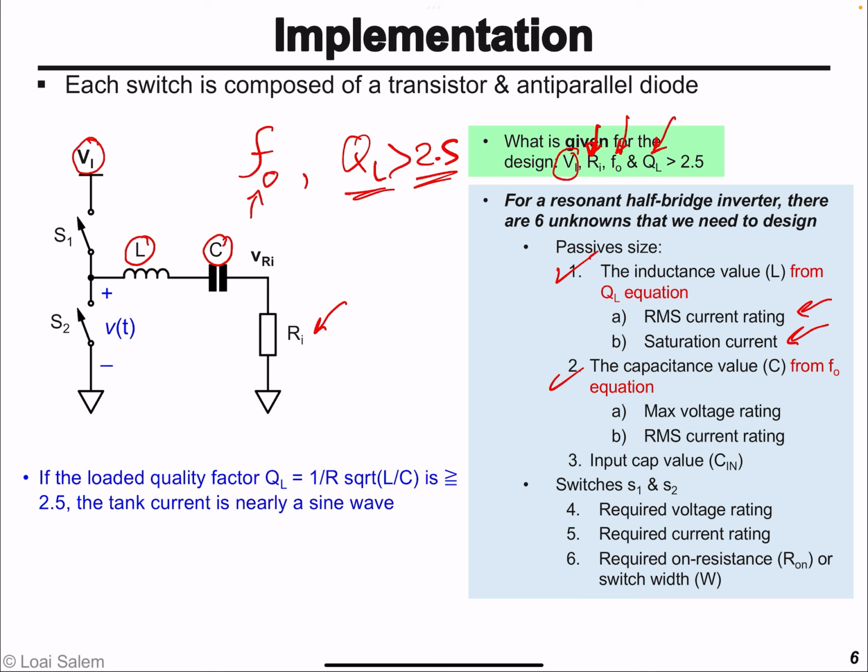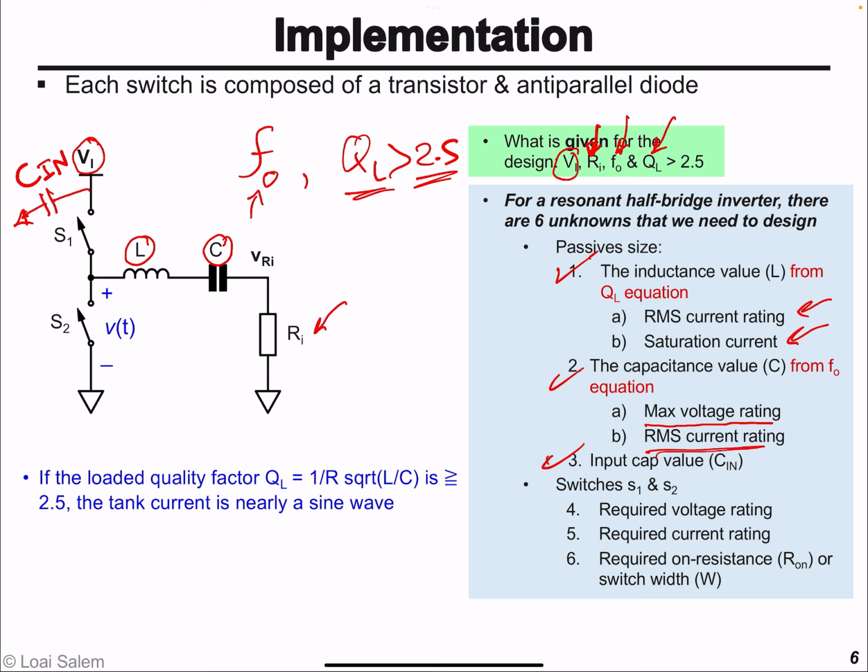And for the capacitor, not only is the capacitance unknown, we also need to find the maximum voltage that this capacitor needs to withstand, as well as the maximum RMS current rating that the capacitor should handle. We also have an input decoupling capacitor, C_in, that we need to find its value.